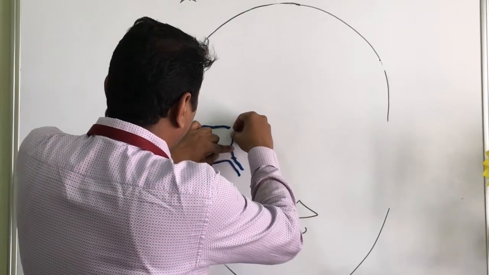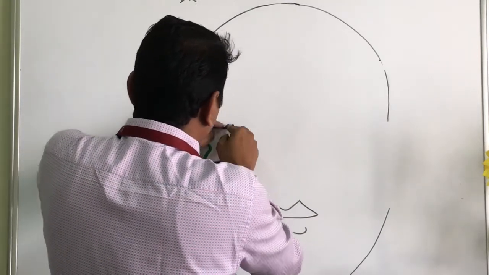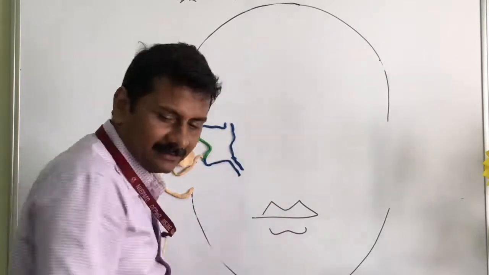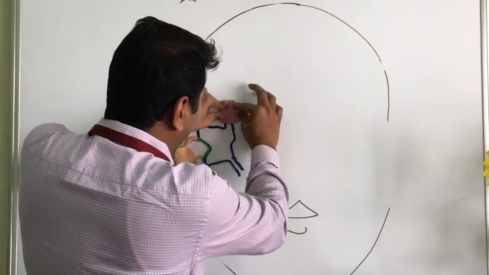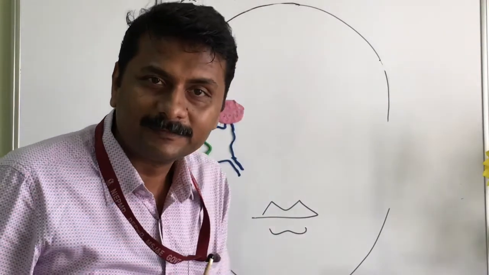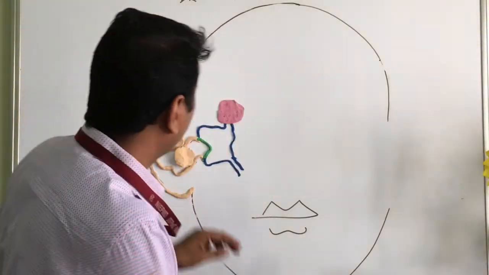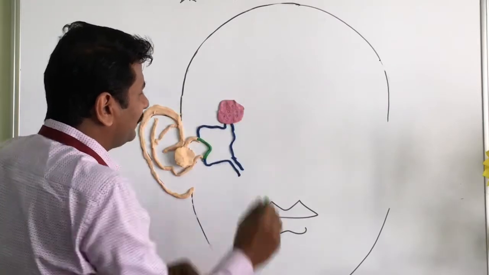It has the aditus and the antrum, and the mastoid air cells above it. So we'll put in a few air cells to indicate the mastoid air cells.